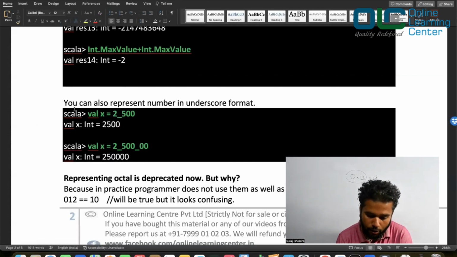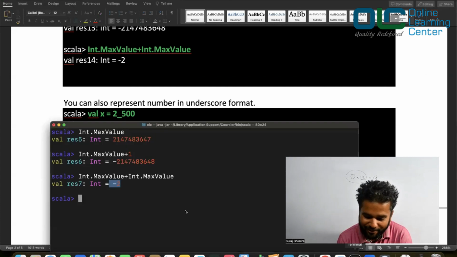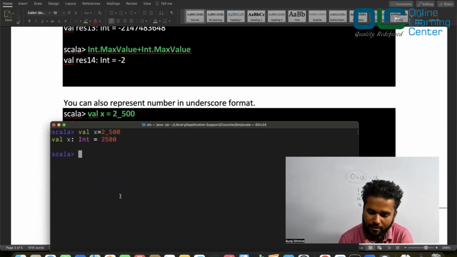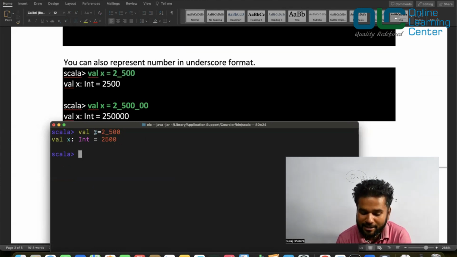Okay. Now you can also represent numbers in underscore format. That's amazing, right? Which you do not see in Java. Okay. So just say, well, x is equal to 2_500. Now see here, it gives you 2500. Interestingly, this x is of integer type.